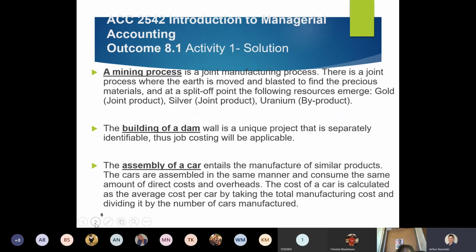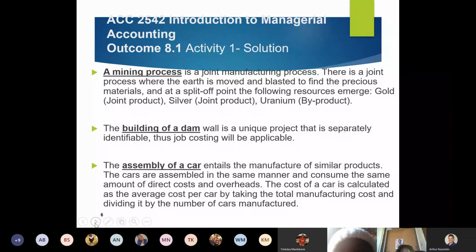And the mining process is a joint manufacturing process because you move the earth. All these other products that are part of it are still part of this process until a point where you can say, okay, I found gold, I found silver, and I also found some uranium as well. So these are now 3 different products, but they come from the same process.